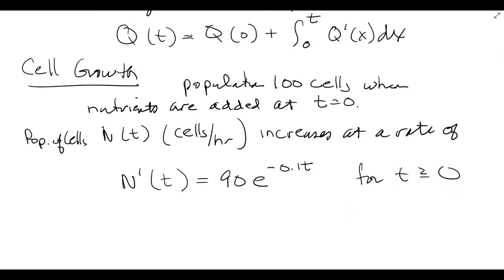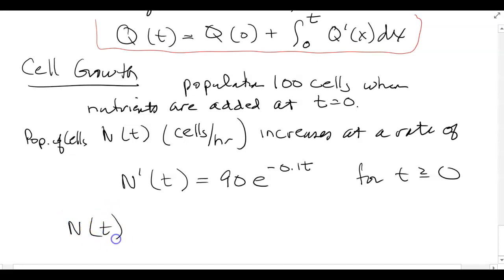Okay, so according to this function that we still have at the top of our screen, we can say that the number of cells we have at any given time, or to find n sub t, the future value of the number of cells, it would be equal to the initial value, right, plus the integral from 0 to t of 90 e to the negative 0.1 t.